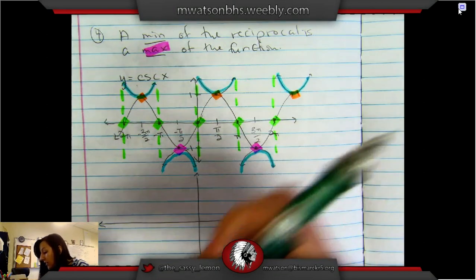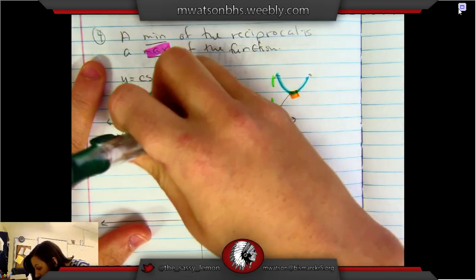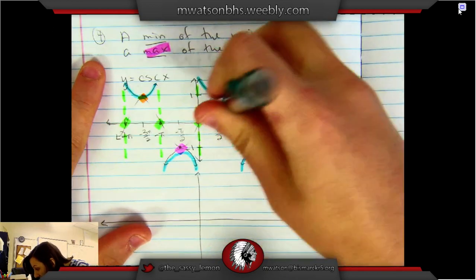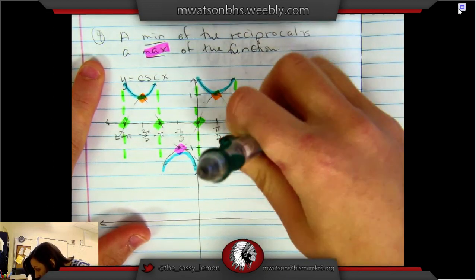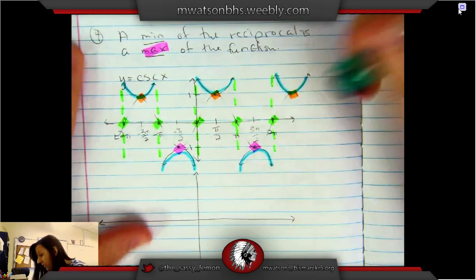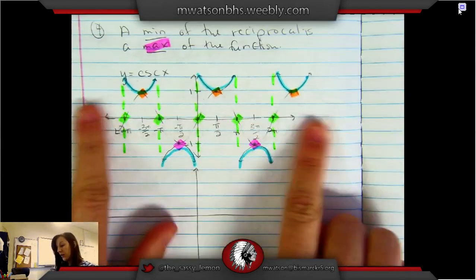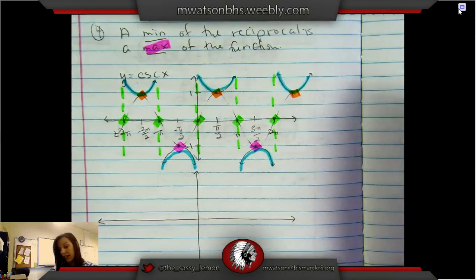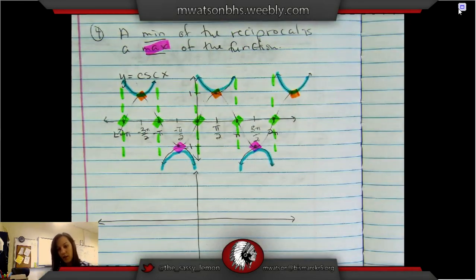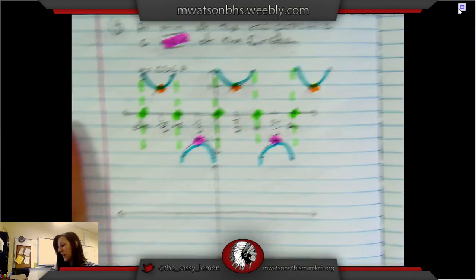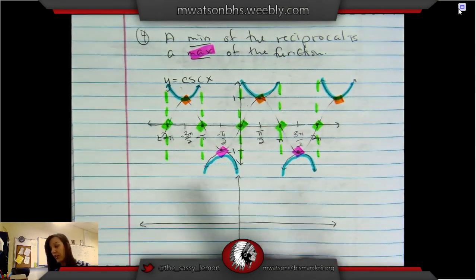And what we can actually do here is erase our sine function entirely. And voila. This is what you would get if you typed it into a calculator. You'd get this gap in the middle and then these little parabolas going everywhere. Alright, so now in the next video we're going to do secant.